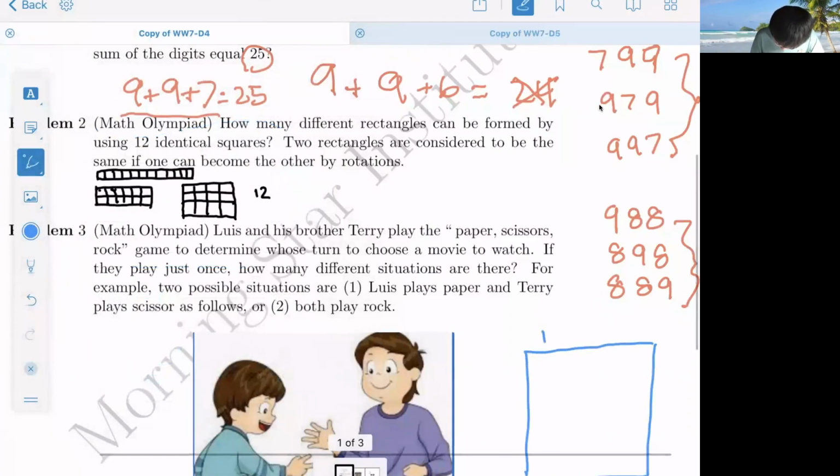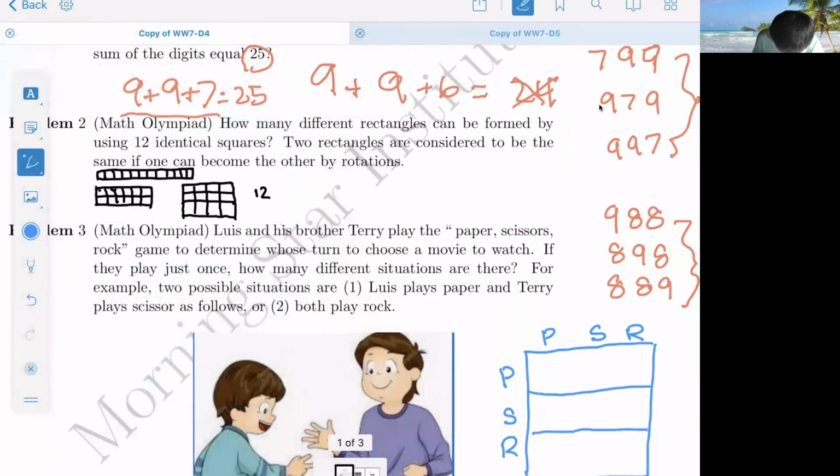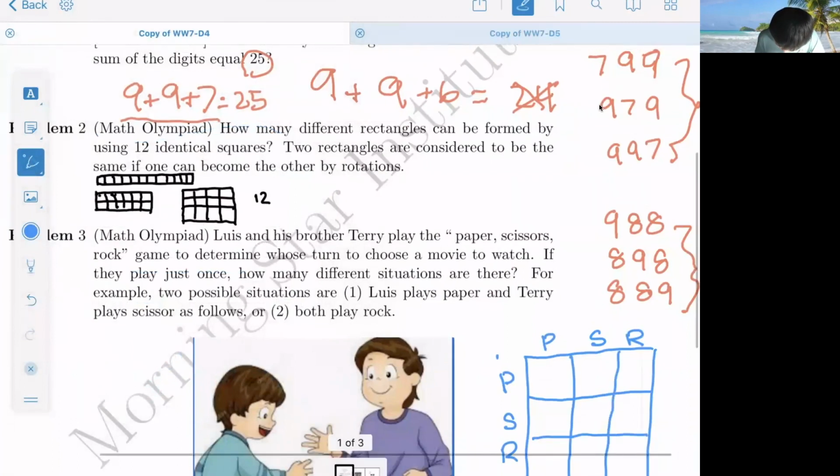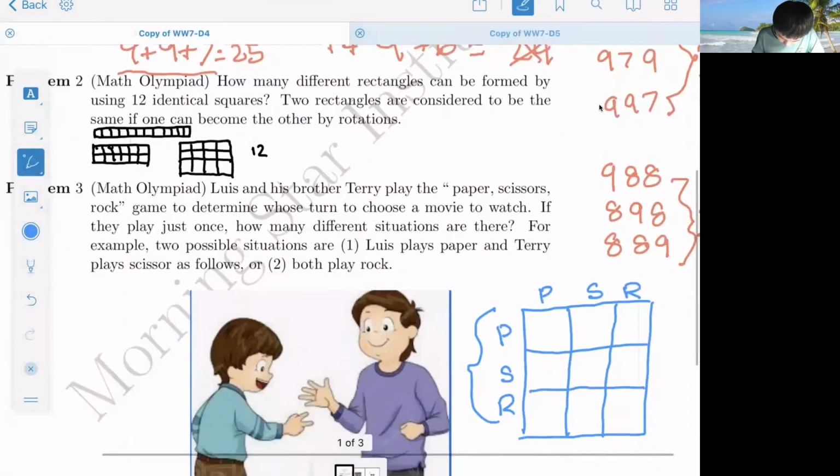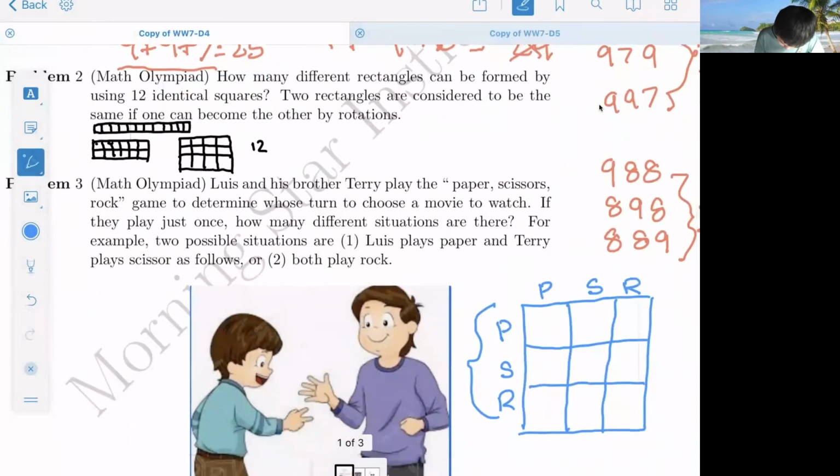This is paper, scissors, rock. Paper, scissors. So let's say that this side is the one that Louis chooses to use. And this side is Terry.